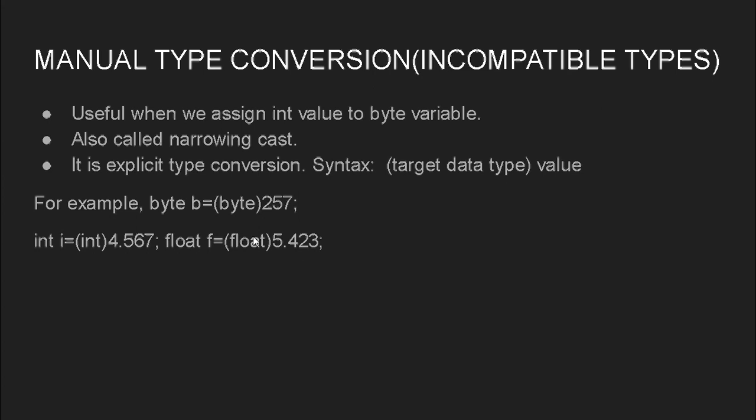If I need to store it, then I need to use narrowing cast, explicitly using this type conversion. So I'm writing float in front of this particular variable. As soon as I use this float, the double is converted to float, and then the value gets stored in this particular data type.